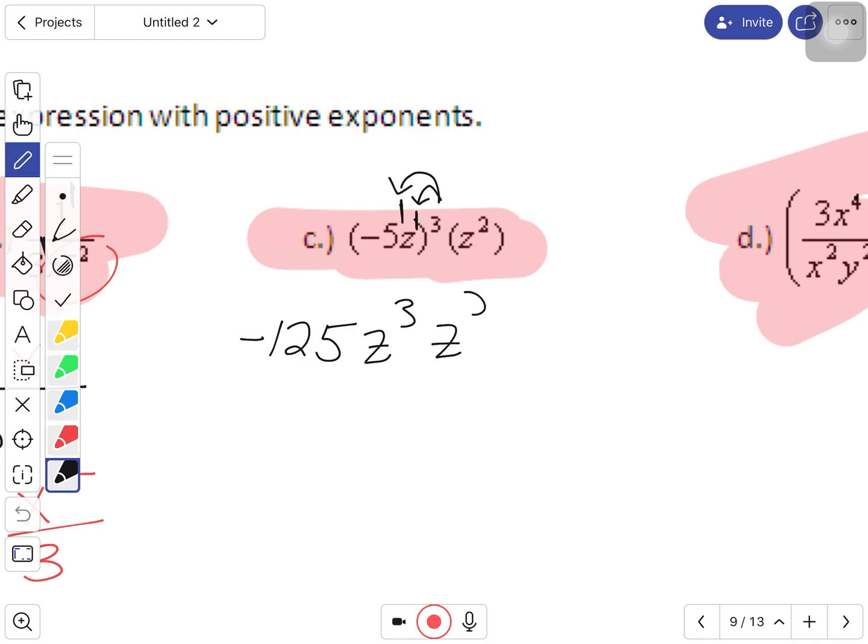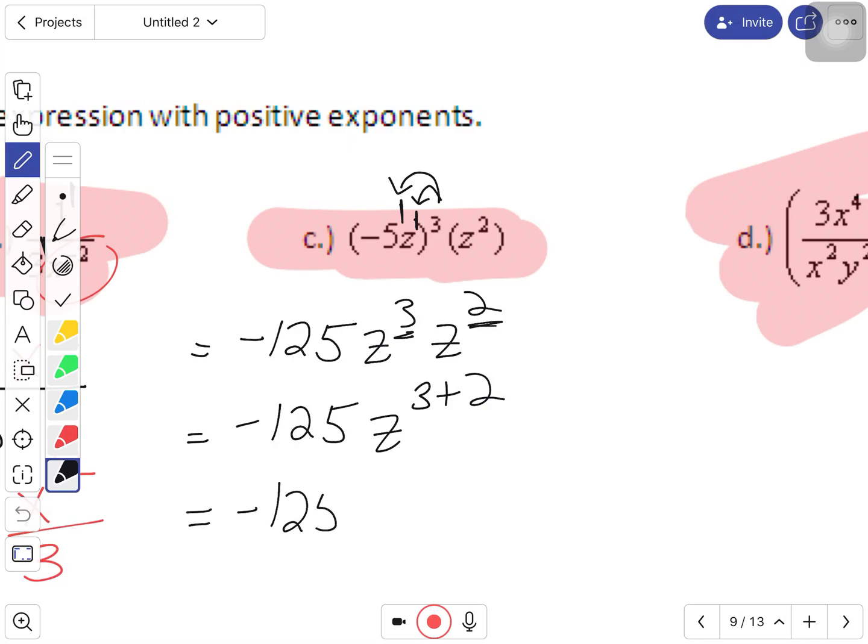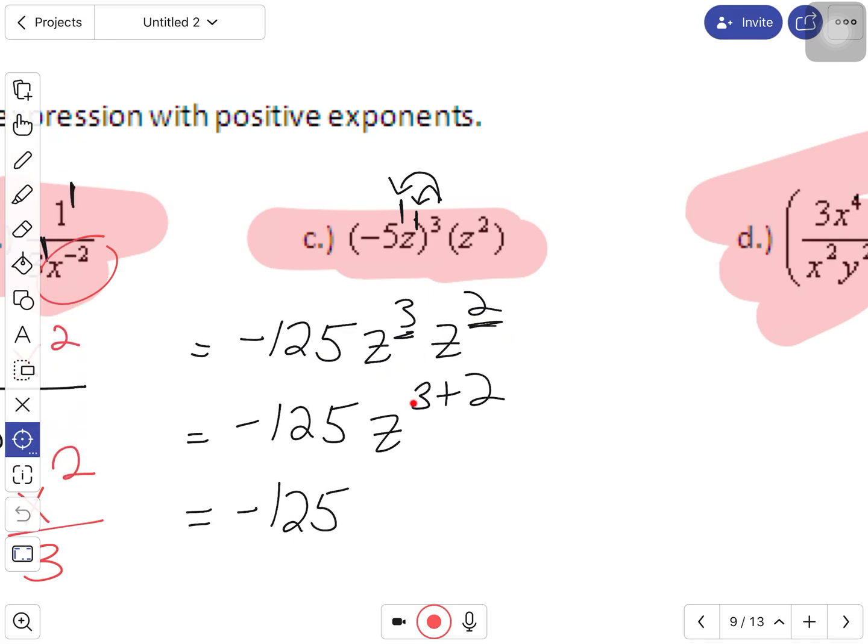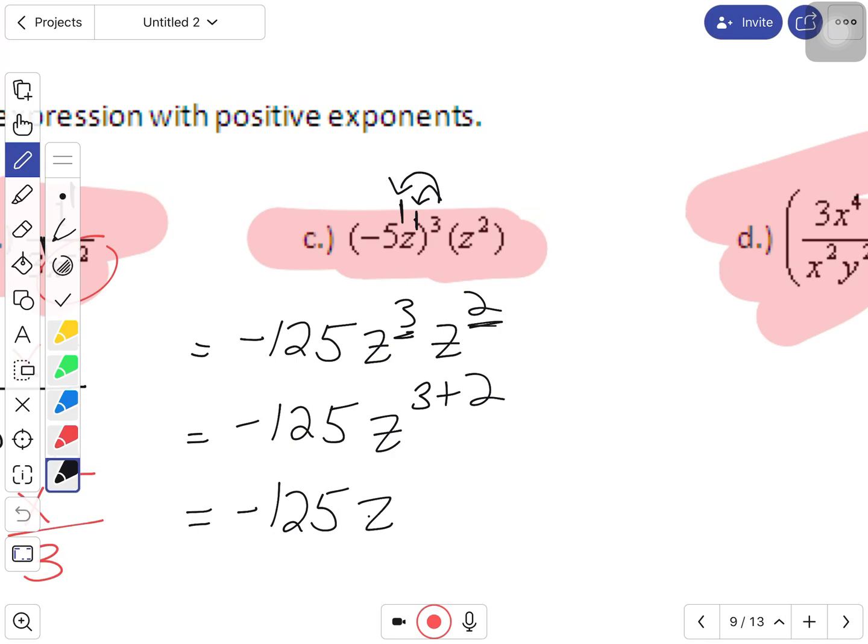And then we still have the z to the second hanging out there. And then I notice I have like bases multiplied together. I can just add z to the 3 plus 2. And you don't need to show that addition step. I'm just showing you what's going on in my head. I'm thinking most of you would just do 3 plus 2 in your head, which is fine. Hoping y'all can handle that at this point. All right, so we got -125, z to the 5th.